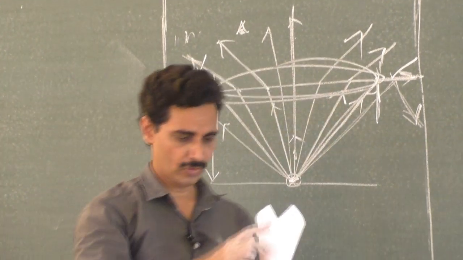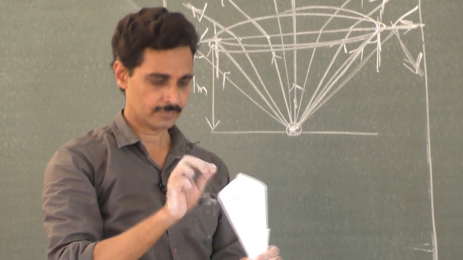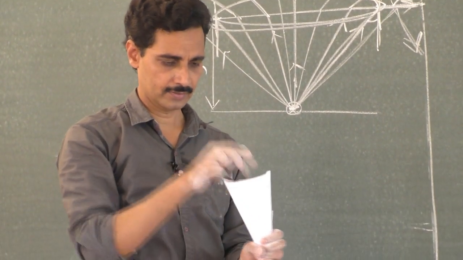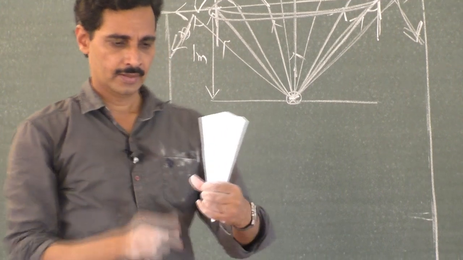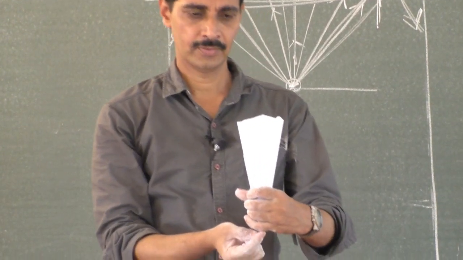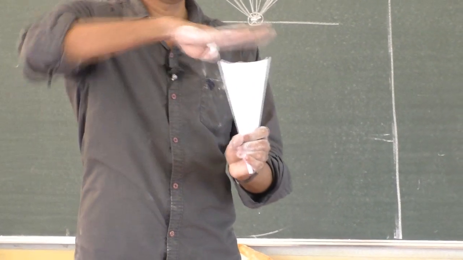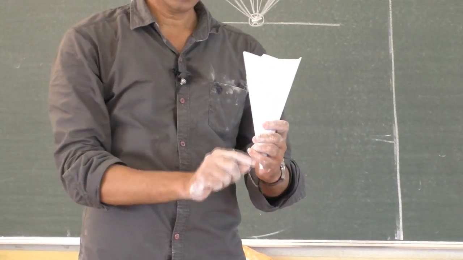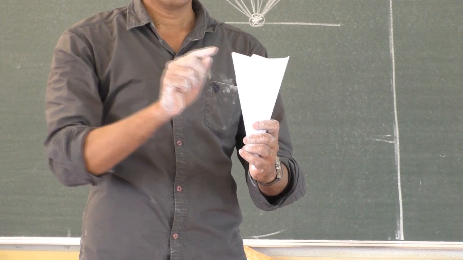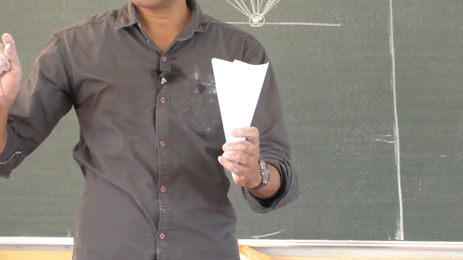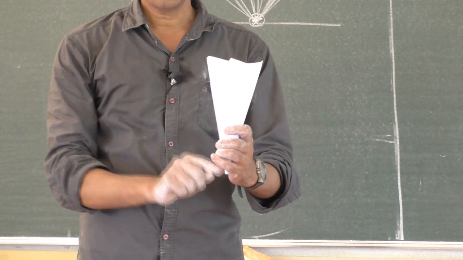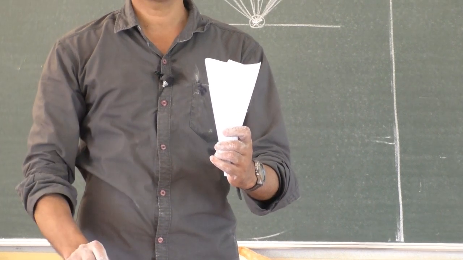If I can form a cone of rays like this, I can make the surface parallel. Yes, like this. Suppose this is the point where you have the bulb, surface of water. A ray of light coming from here undergoes grazing refraction. You can get it outside. A ray of light just outside this cone undergoes total internal reflection.